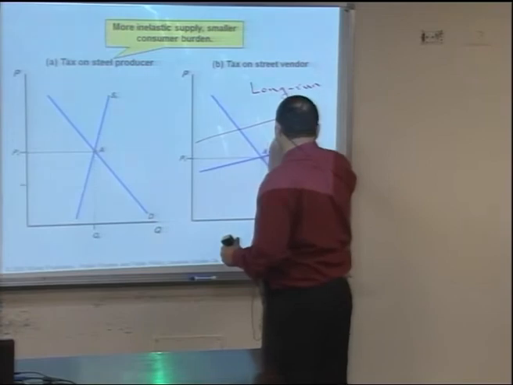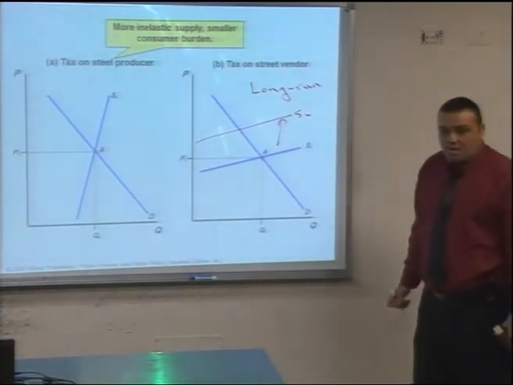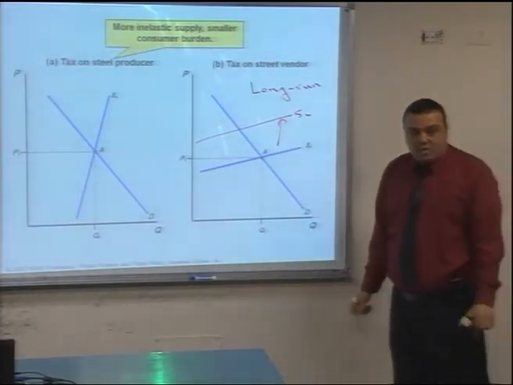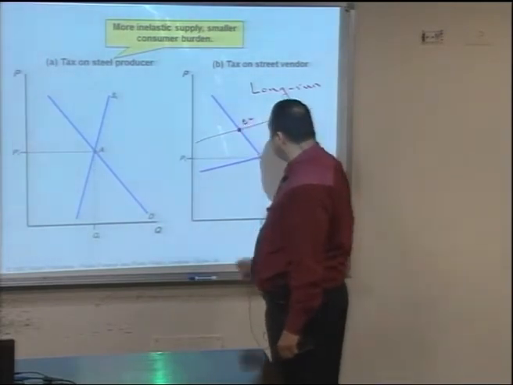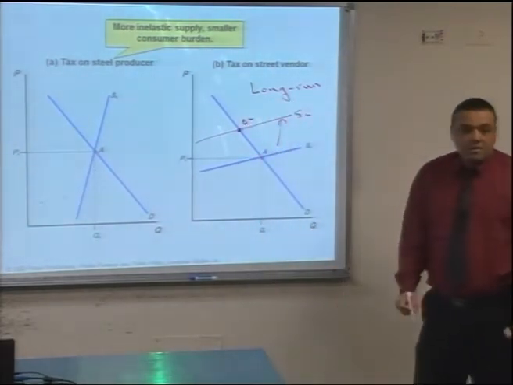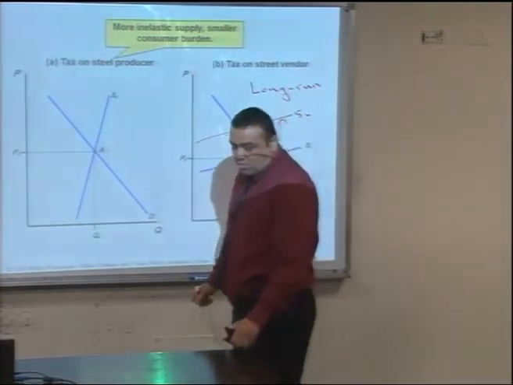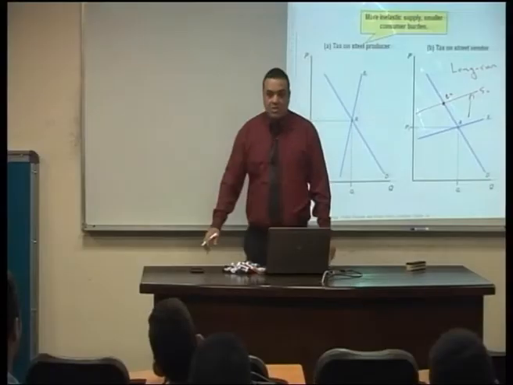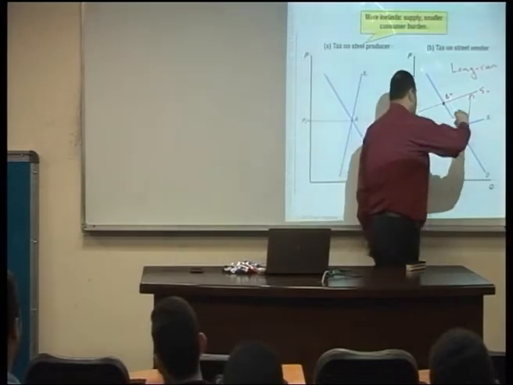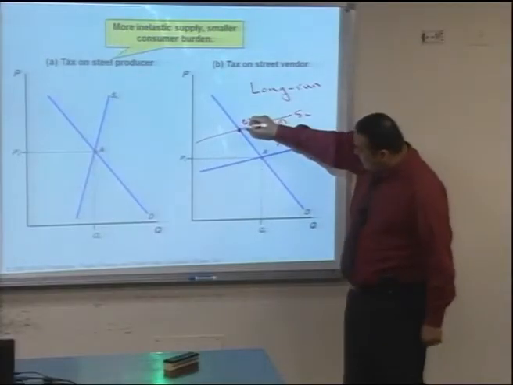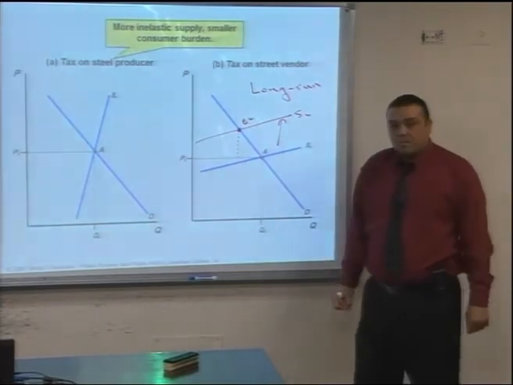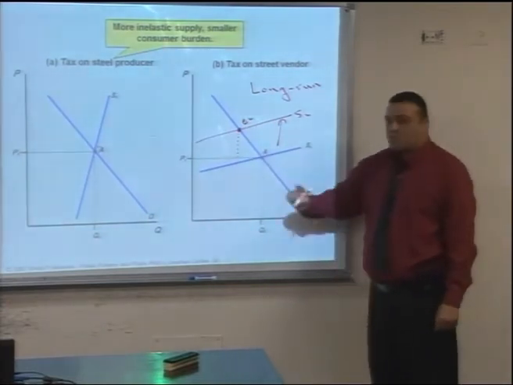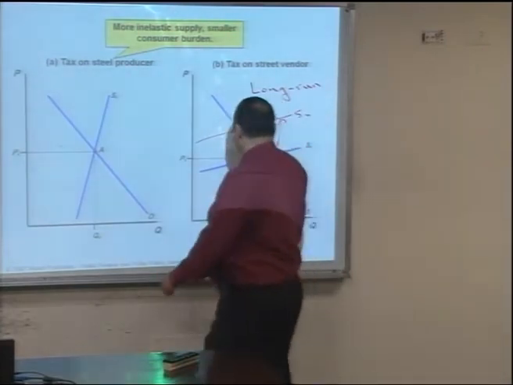This is S2. We have a new equilibrium point, E2. To determine who bears the most and the least of the tax burden, let's take the vertical distance here from A2 to S1.